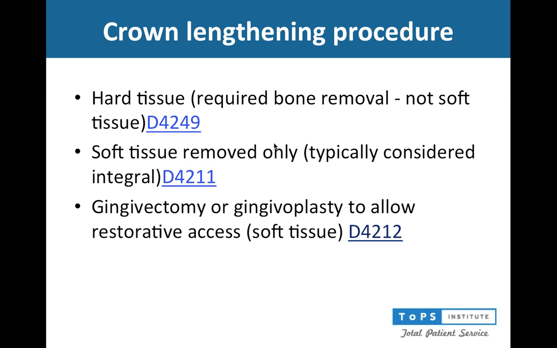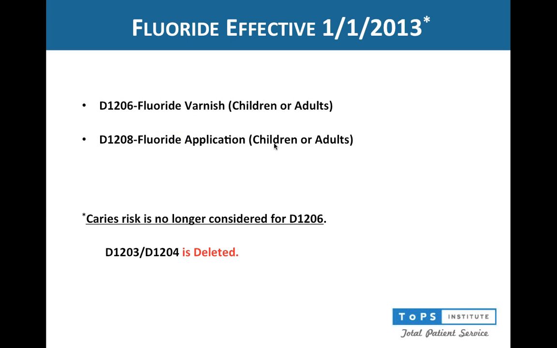Also, there are times that the soft tissue needs to be removed so that the crown fits comfortably or that the impression can be taken without any problems. And that code is the D4211 code. And it's very important that we utilize this in a way to better maintain the patient's health as well as to get reimbursement for the procedure that the doctors are doing, or the giveaway codes. And then, of course, there's the gingivectomy as well.